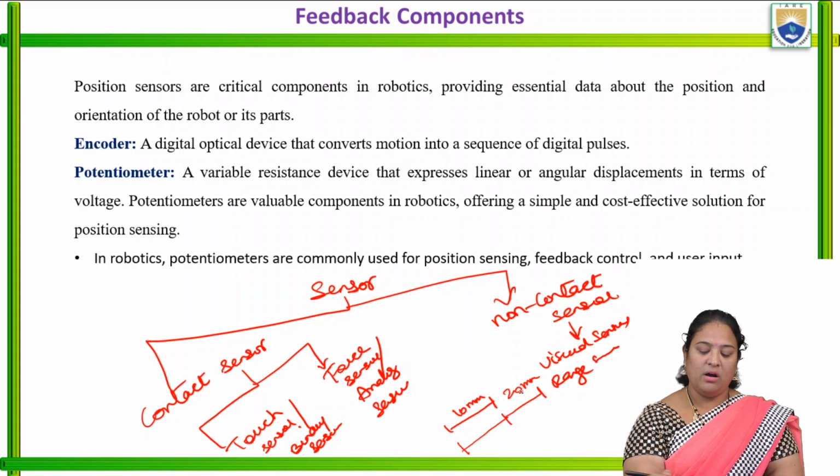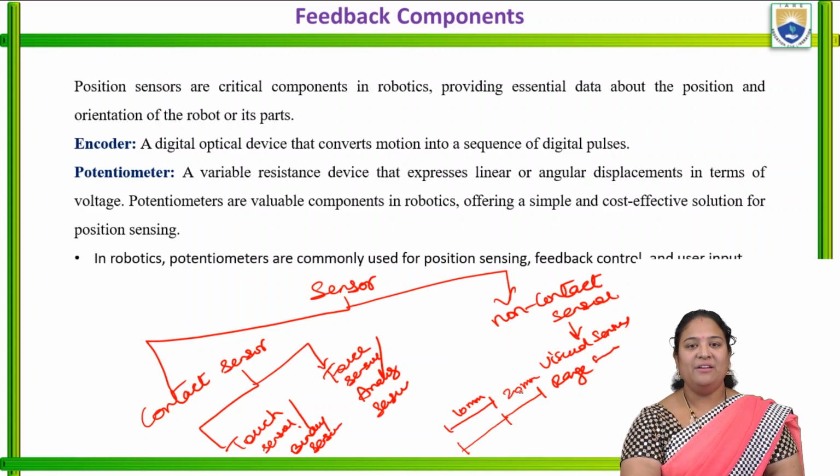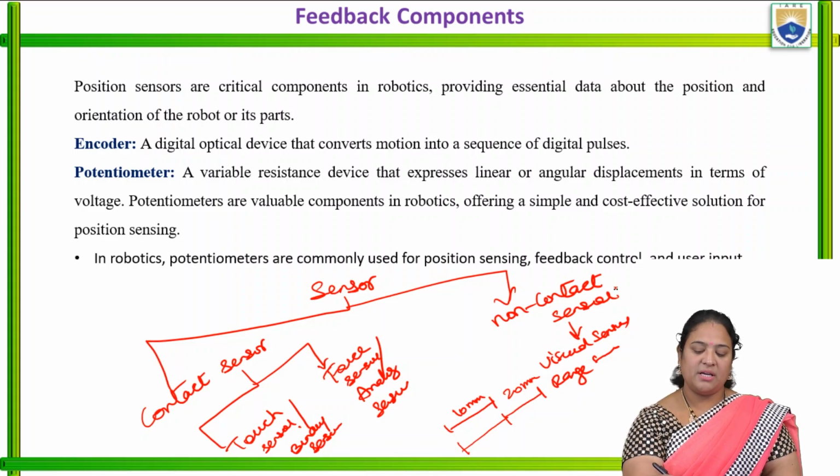Initially we draw a 10 mm line with the exact dimension, and after that, by visualizing and range sensing with our intelligence, we draw a 20 mm line by seeing the 10 mm line. So that comes under the non-contact sensor, that is visual sensor or range sensor.